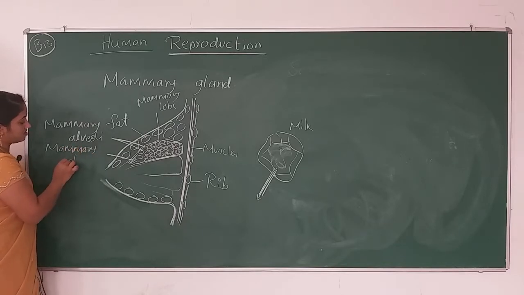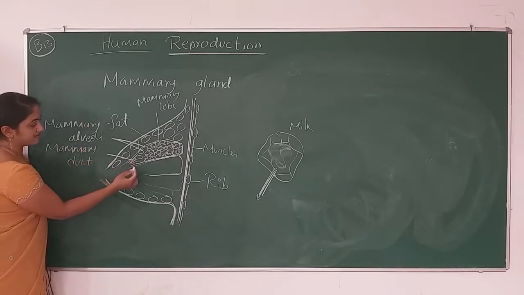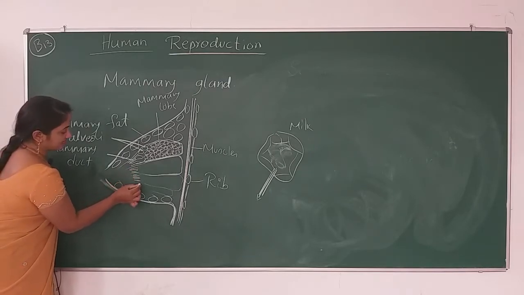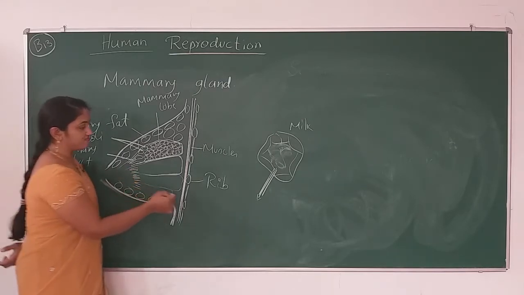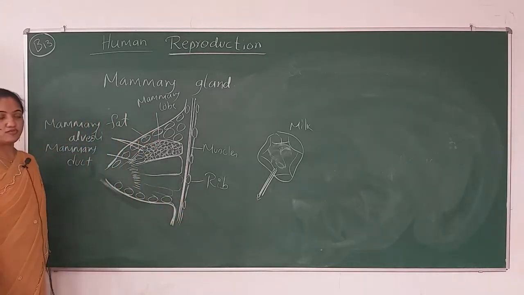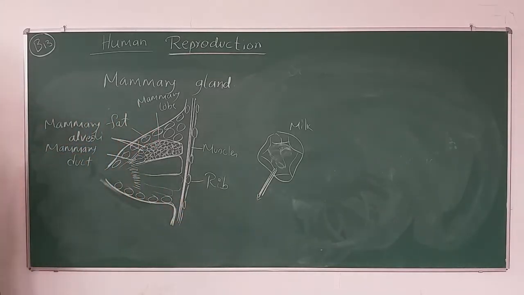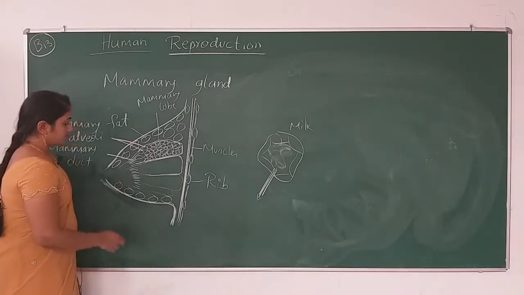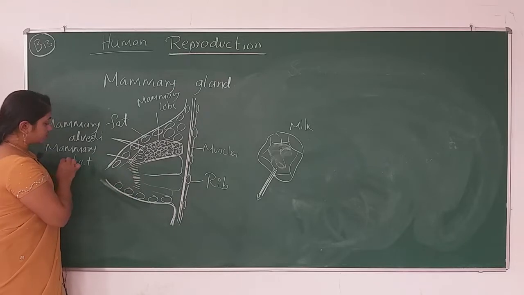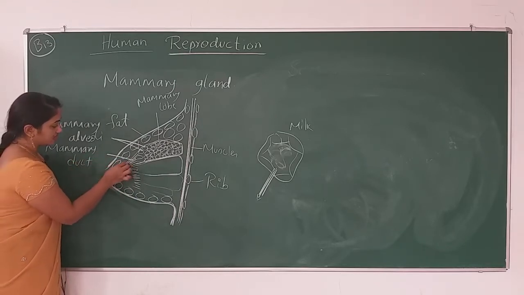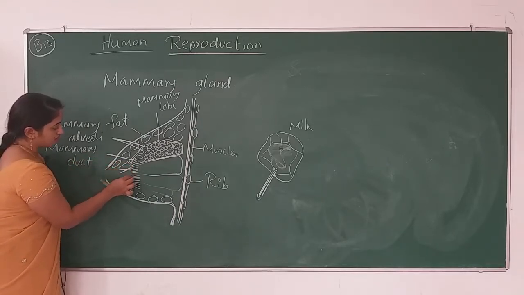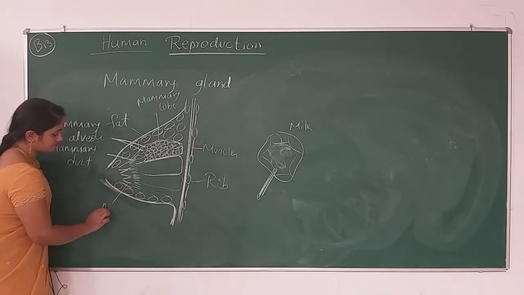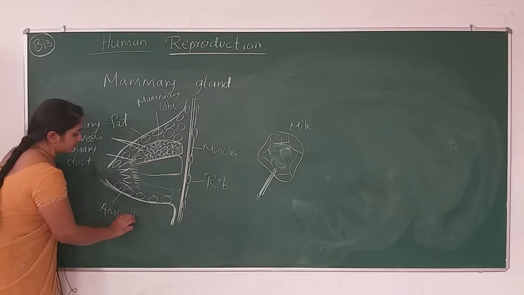So this is the mammary duct. Here will be the mammary duct. What is it doing? It is collecting the milk coming from the mammary tubule, which receives the milk from the alveoli. Then each duct opens to a wider ampulla.